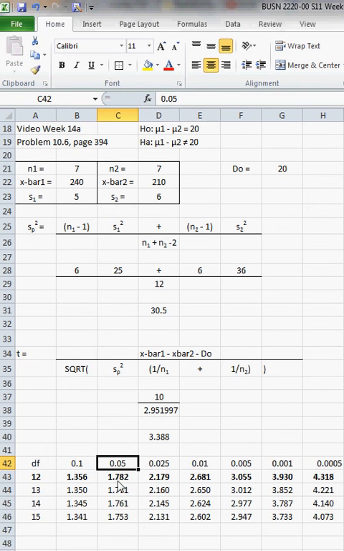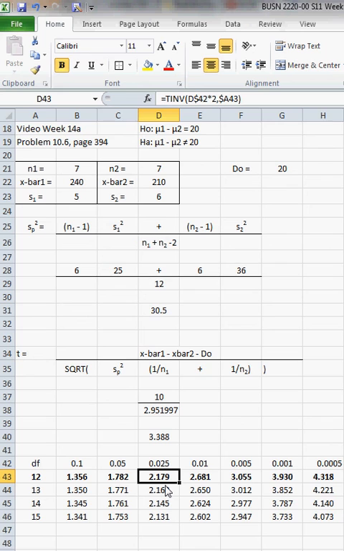So is 3.38 greater than 1.782? Yes, reject. How about 0.05? Well, again, we have to move over one because we're now testing half of the alpha. But again, 3.38 is greater, so we can reject H0.